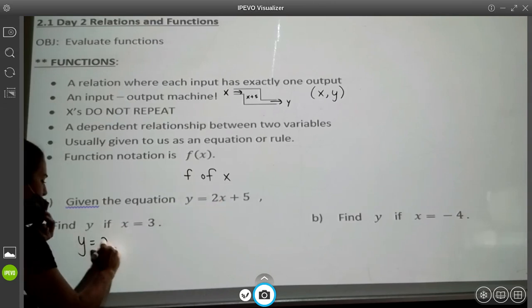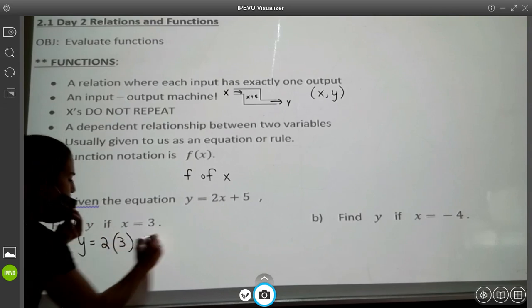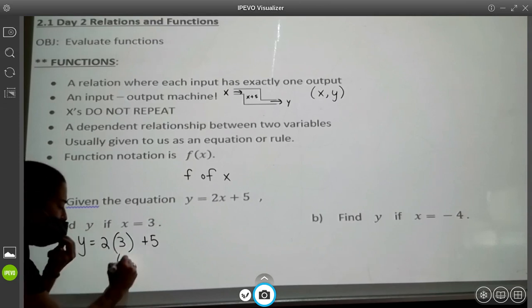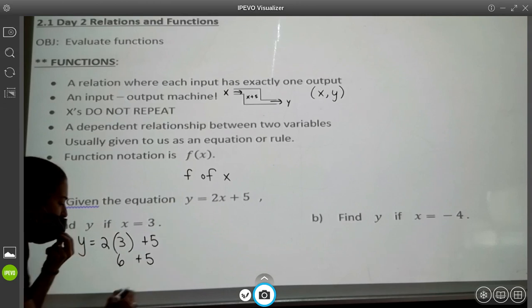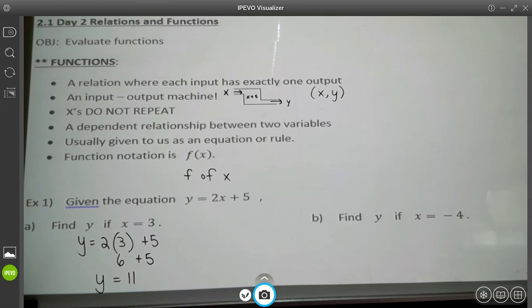So y will equal 2 times 3, plus 5. Then it's all about your PEMDAS skills, the order of operations. Do you want to multiply or add? Multiply. 2 times 3 is 6, plus 5, y equals 11. So the answer is y equals 11.